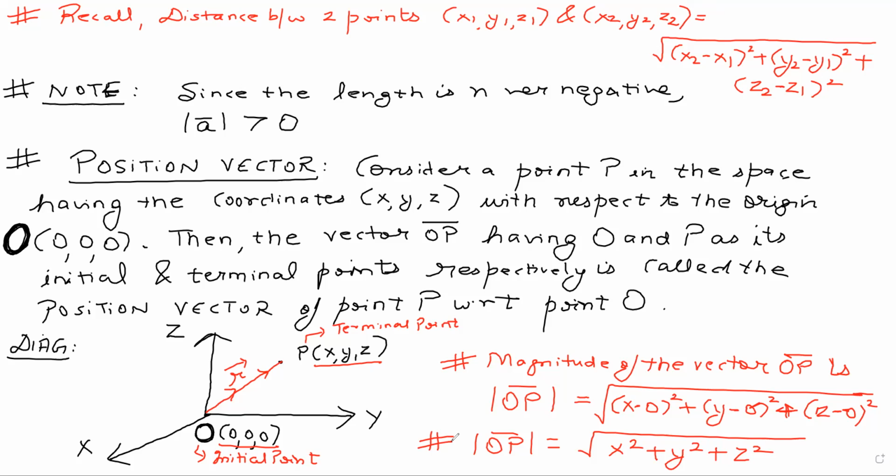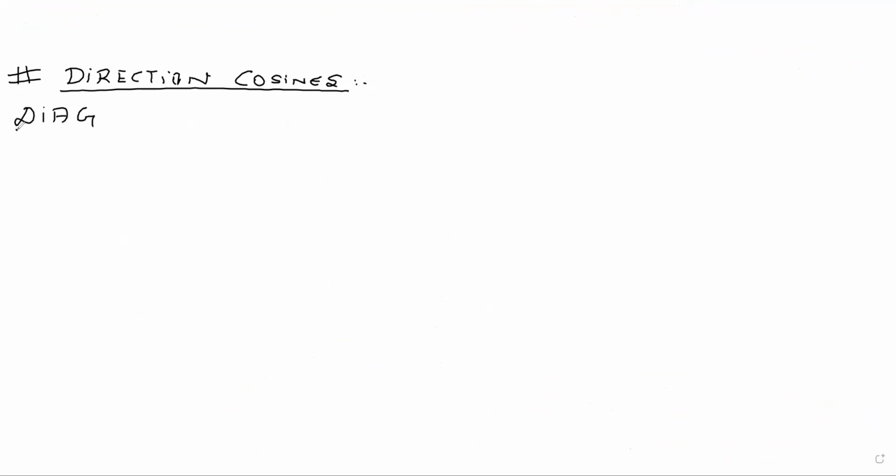Having visualized the vector in the 3D space, now let's go deeper and talk about the direction cosines. So that's our next heading, direction cosines. Again guys, to visualize this, let's first look at the diagram which I am drawing.